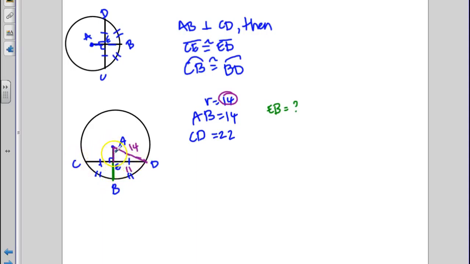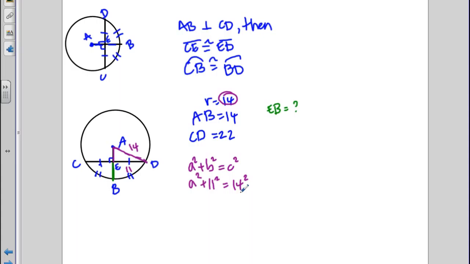So now we should be able to find this little piece right here. So we have a squared plus b squared equals c squared, or we don't know a squared, so a squared plus 11 squared equals 14 squared. If you want, pause the video and finish this. Go ahead and use the Pythagorean theorem here and solve that. Solve for a squared and then take the square root so that we get a.